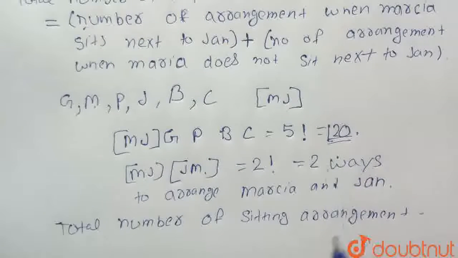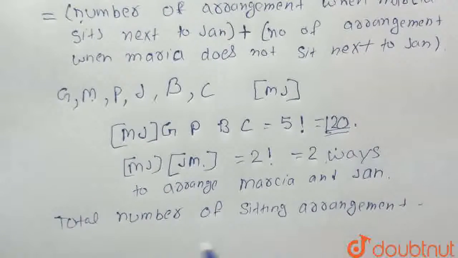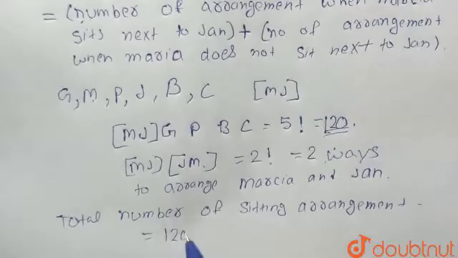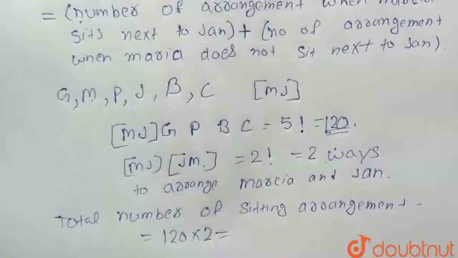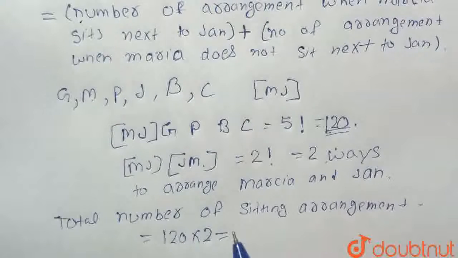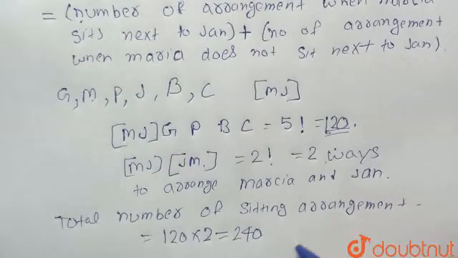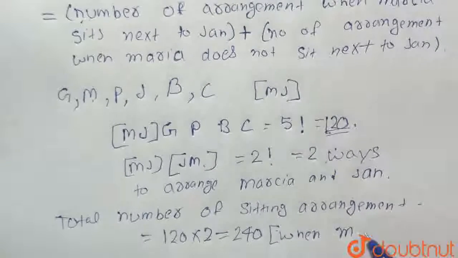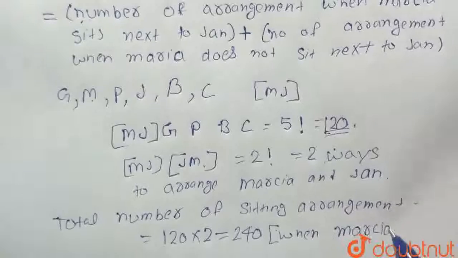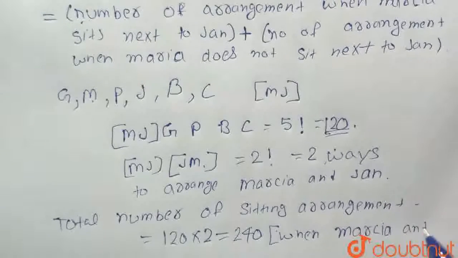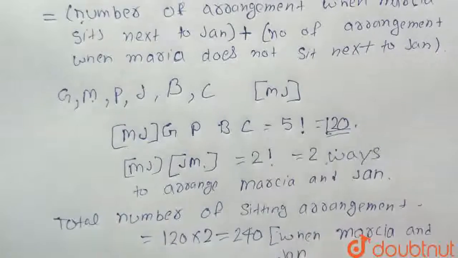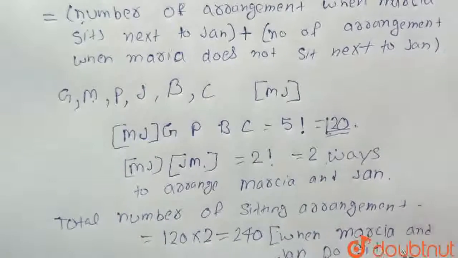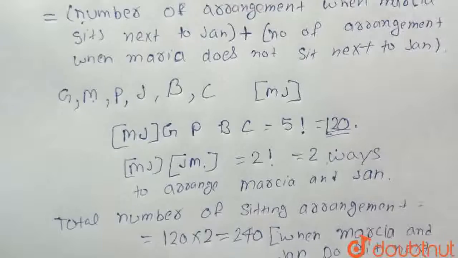Then we get the arrangements when Marcia and Jan do sit next to each other. So the total number of seating arrangements is 120 into 2, because we just found the arrangements where Marcia and Jan do sit next to each other. That is equal to 240, when Marcia and Jan do sit next to each other.